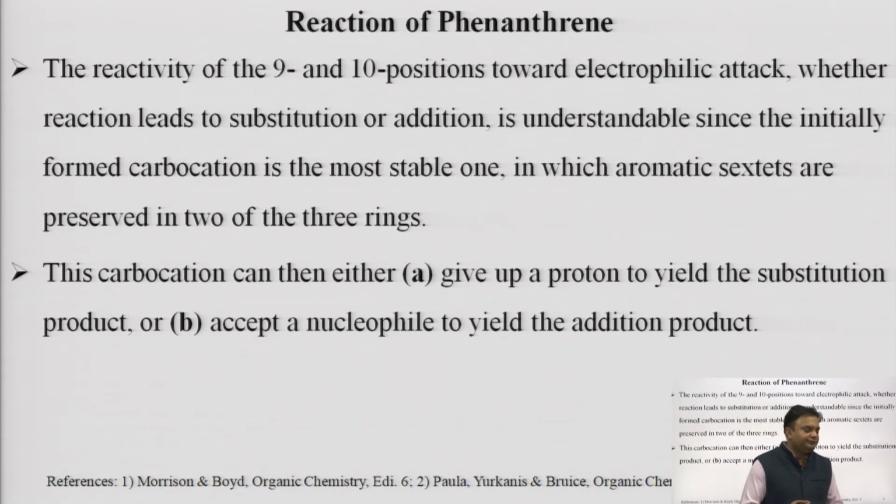This carbocation can either give up a proton in the last step, and as soon as the proton is removed we get our substituted product, or it can accept a nucleophile to yield the addition product.